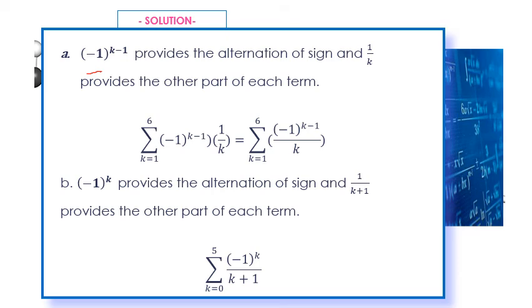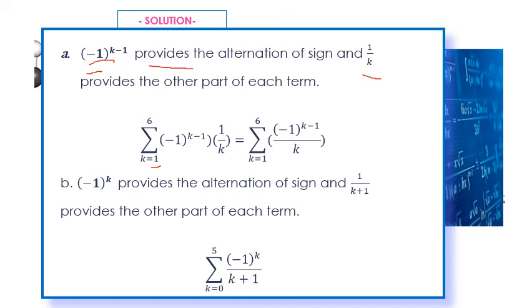Since gin-mention niya nga dapat for the first term, start dapat ang aton nga index of summation by 1. So, we have negative 1 raised to 0 dapat. So, dapat k minus 1 kita sa atong exponent para mag-0 siya. So, that is negative 1 raised to the power of k minus 1. It provides the alternation of the sign. And take note nga ang aton nga other part sang kada term is 1 over k.